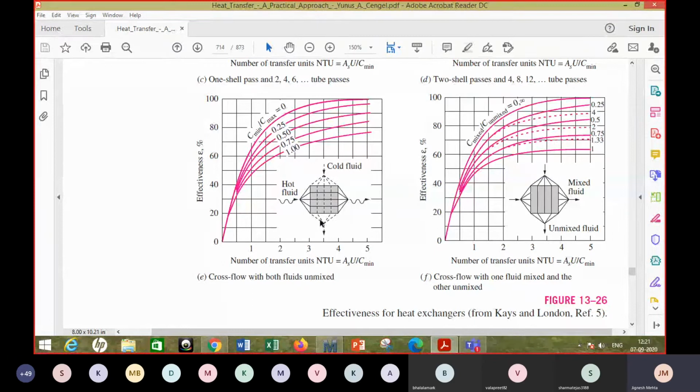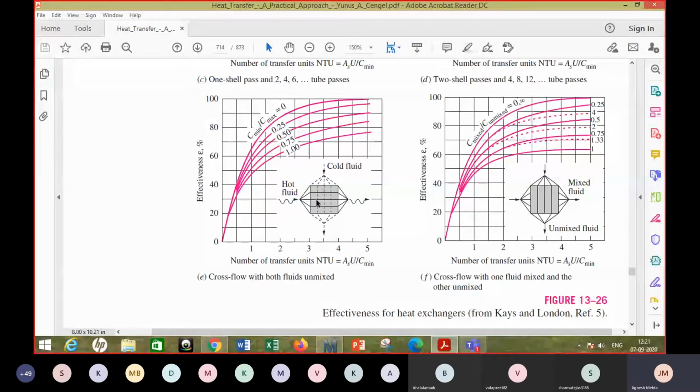Lines have been plotted. That shows that the hot fluid is flowing through multiple channels, and the fluid in one channel cannot mix with the fluid in another channel. So here fluid moves in channels, and fluid in one channel cannot mix with the fluid in another channel.